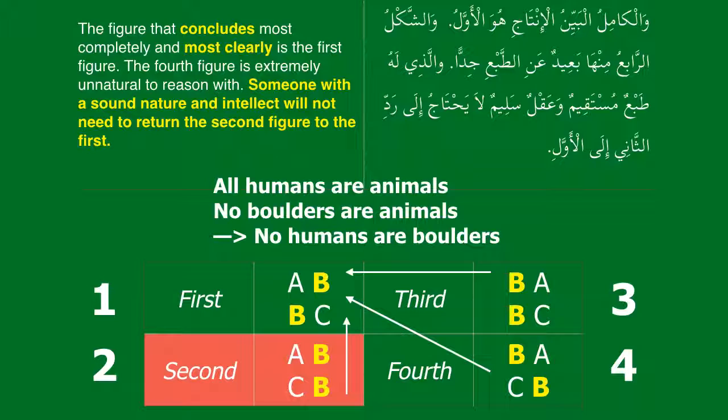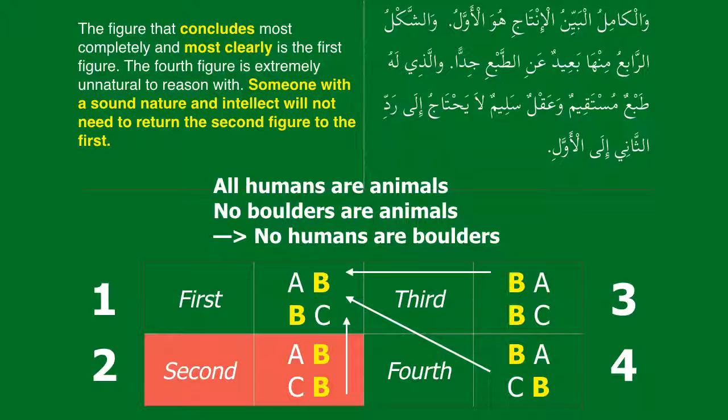No A is C. So this is an example of an argument on the second figure, because the two premises' common term, the middle term, is at the end: A, B, C, B. It's an argument on the second figure that has a conclusion, and we can work out the conclusion without having to return it to the first figure.